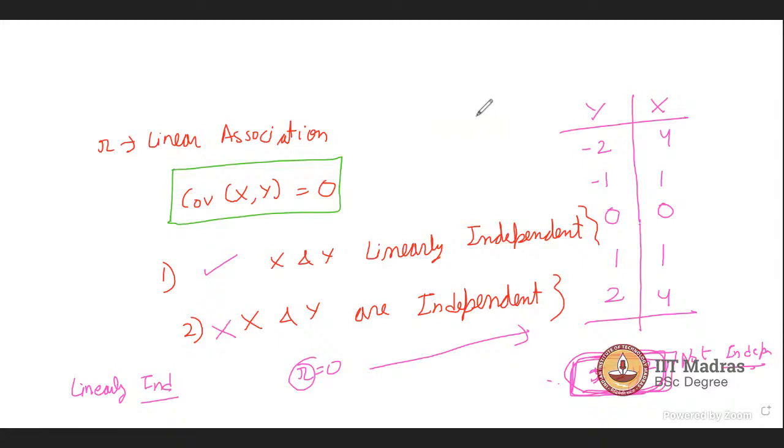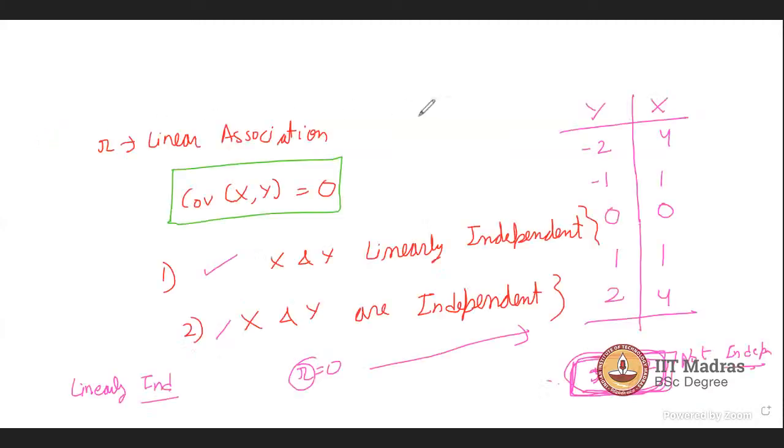Okay, let's move to our last topic for this. Sir, please repeat your last statement. Yes, see here, what is the relation? Here the relation is x is equal to y square, right? So there is a quadratic relation between the two. But when we computed the correlation coefficient for this, we got r equal to 0.